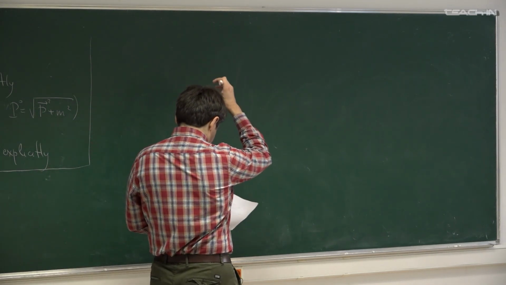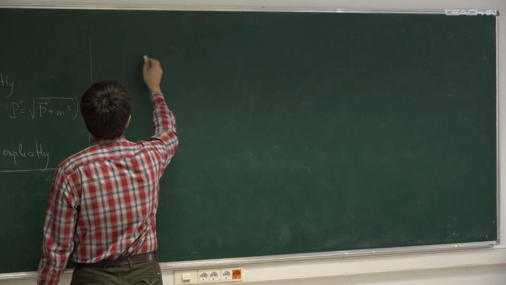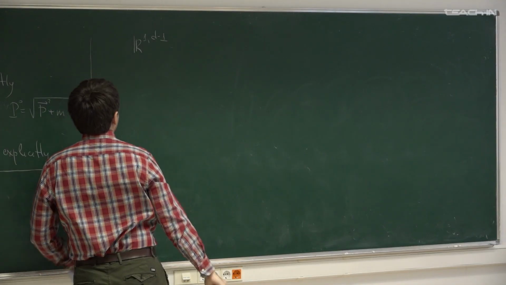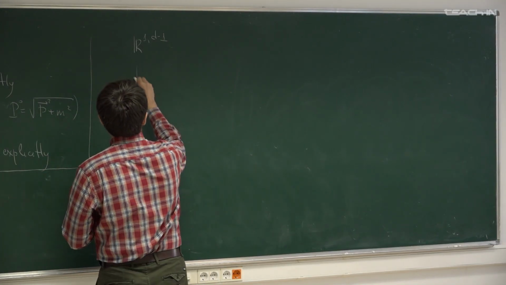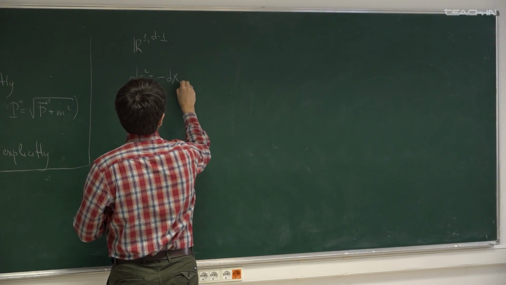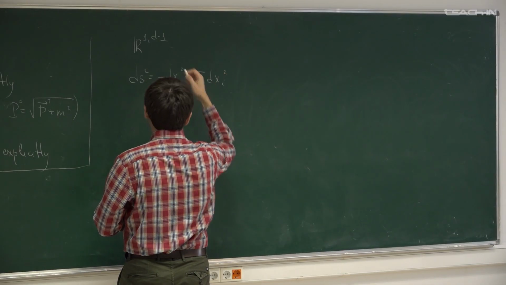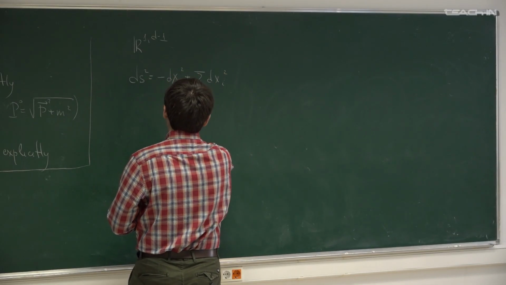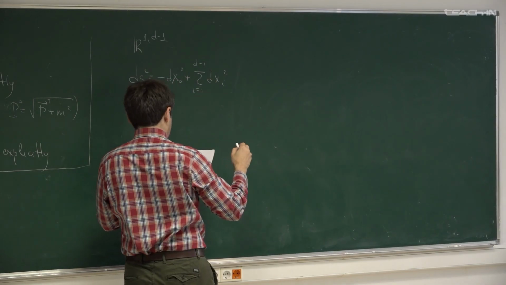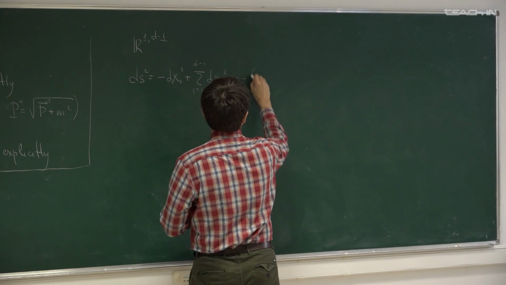Okay, so to introduce light cone gauge, first we rewrite the metric in light cone coordinates. So we have the target space metric, and d minus 1. We choose one coordinate here, x1.